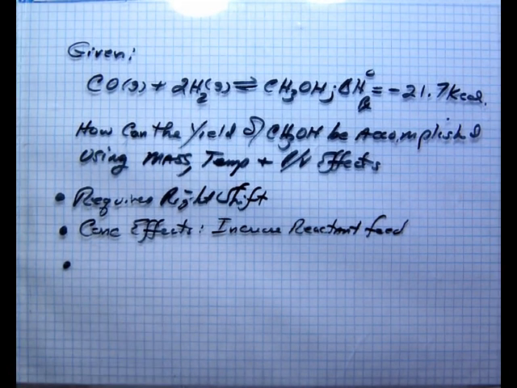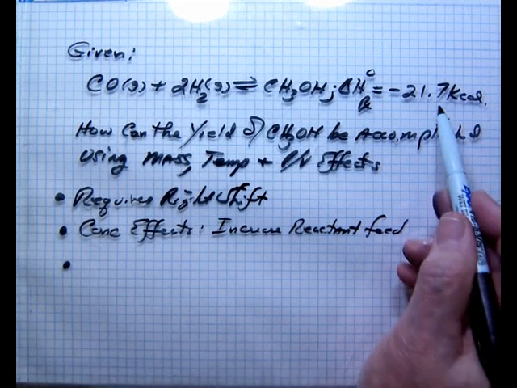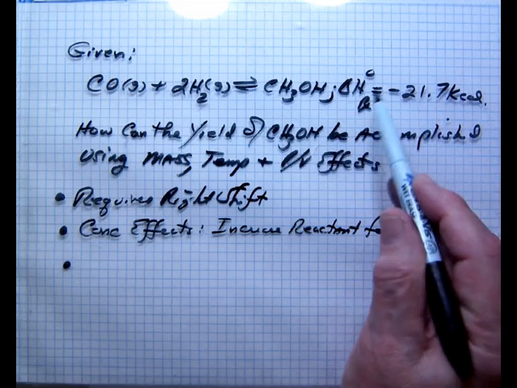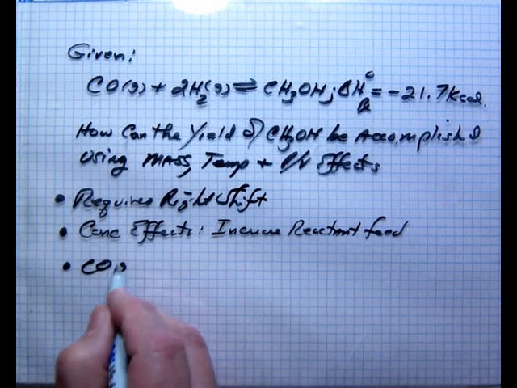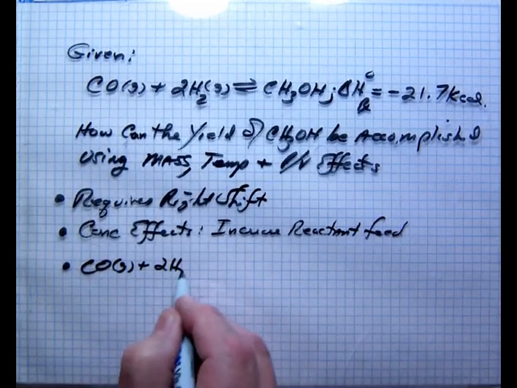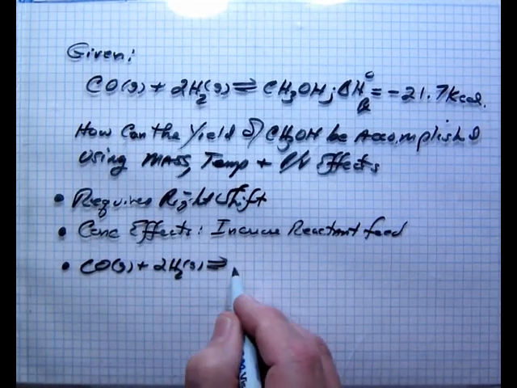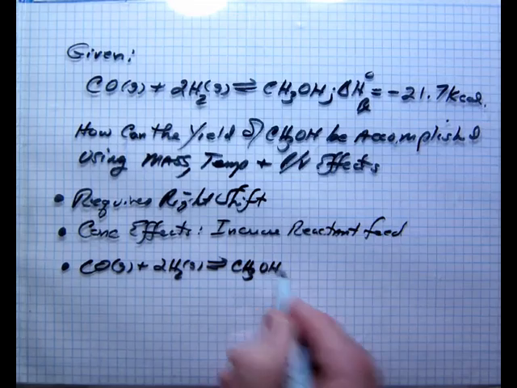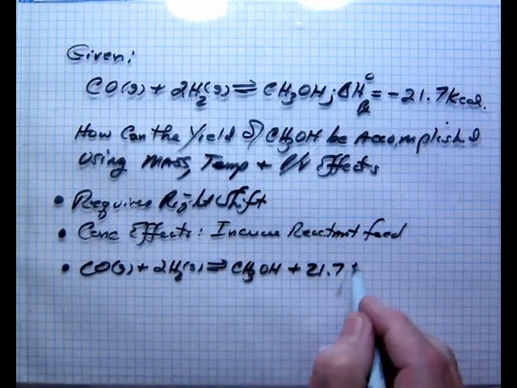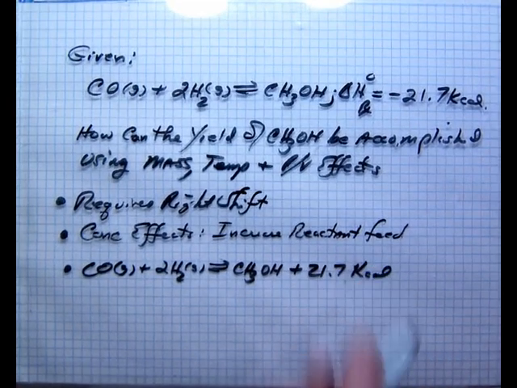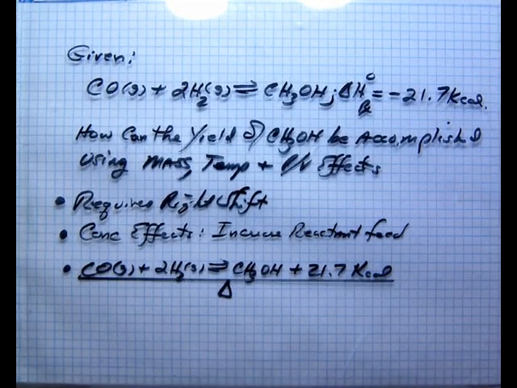Temperature effects. Well, we looked at this as an exothermic reaction. If I included that in the equation, would I put it on the right side or the left side? Anybody? Right side. Yeah. CO gas plus 2H2 gas. Now we try to decide whether we need to heat it or cool it.